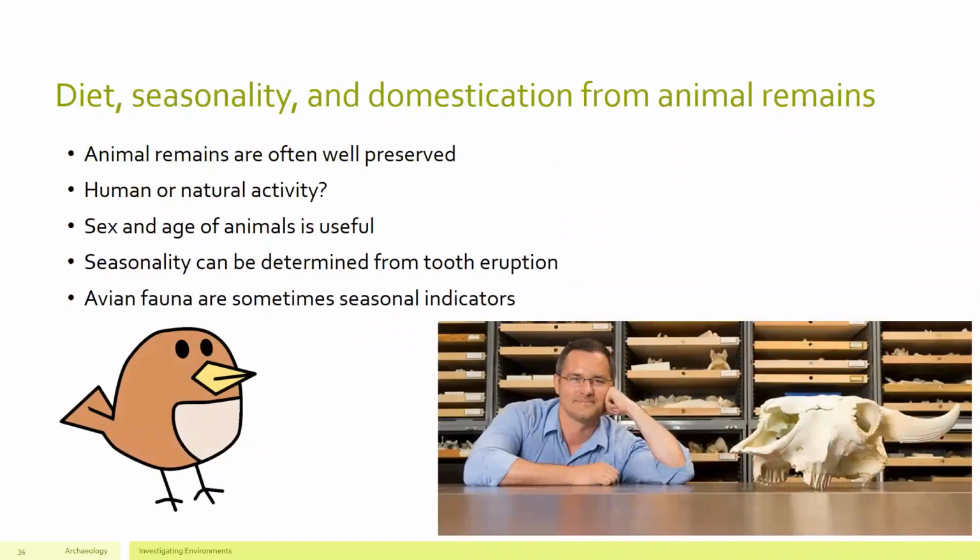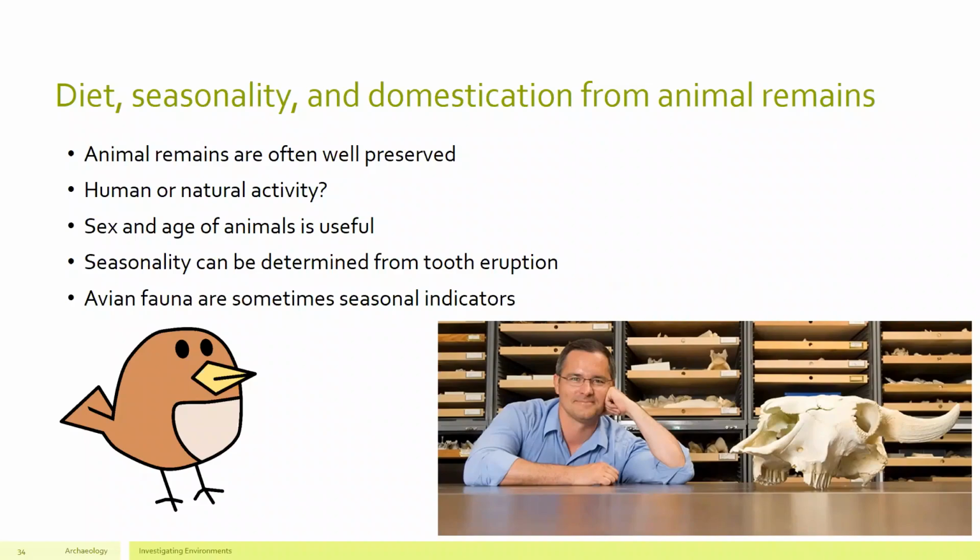Looking at diet and seasonality and domestication from animal remains. Animal remains are often very well preserved in different contexts. They may be from human activities, or they may be from natural activities. If you look at the sex and age of an animal, it can be useful in telling different things of the behaviors and the circumstances that led to them being deposited, particularly in an archaeological site.